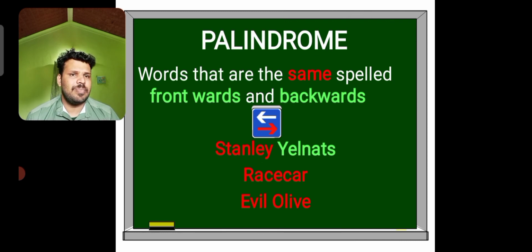There is also a syndrome, palindrome syndrome, which is a brain disorder, but leave it, that's not the matter. Palindromes are words that are spelled the same frontwards and backwards. Stanley Yelnats, race car, evil olive. These are typical examples of palindrome.